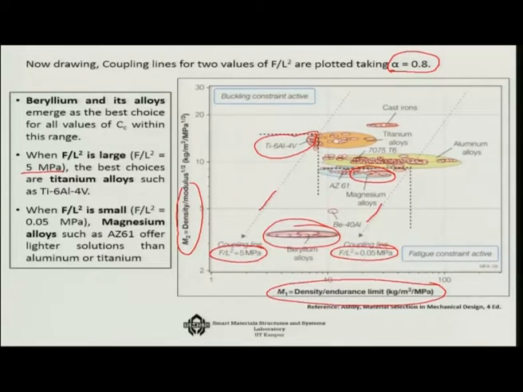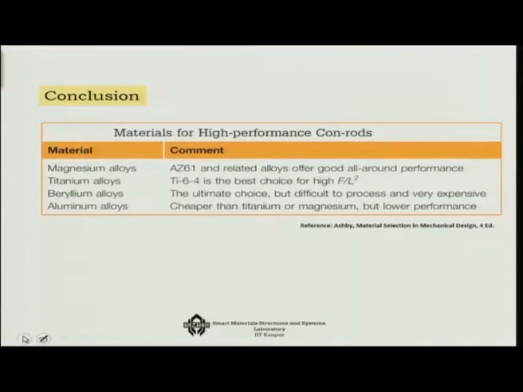If you choose beryllium, you can satisfy both the conditions 50-50, and in the case of high pressure, you have only titanium alloy as your choice in terms of the material. So thus we get a very good idea of which material to choose corresponding to the applications.